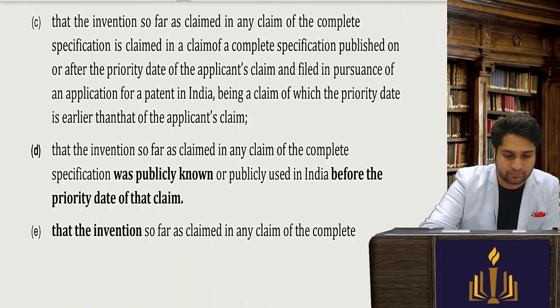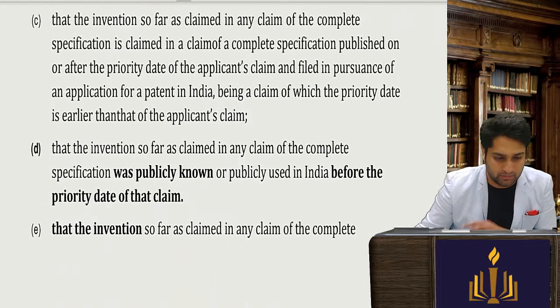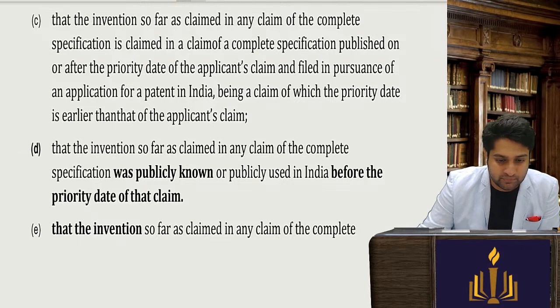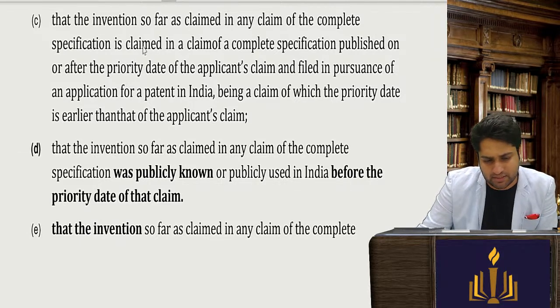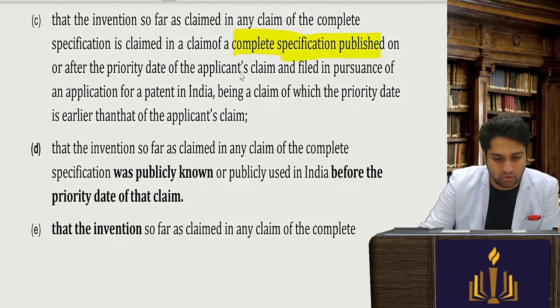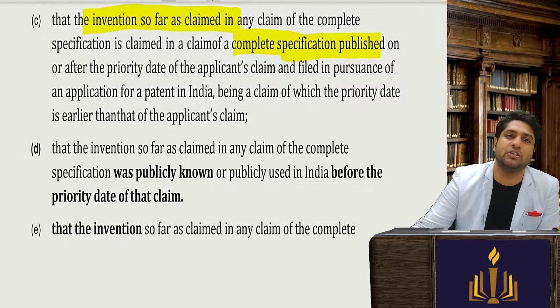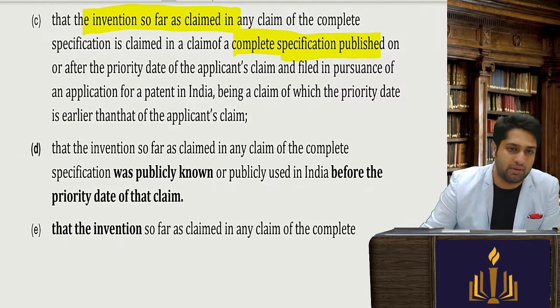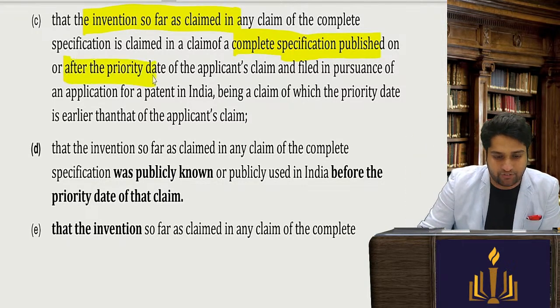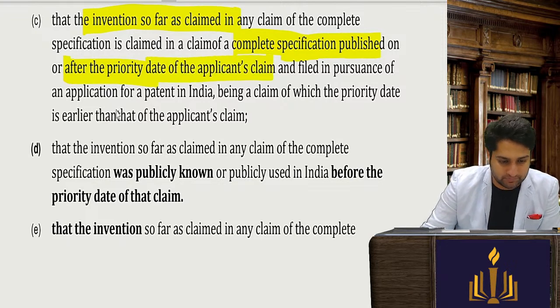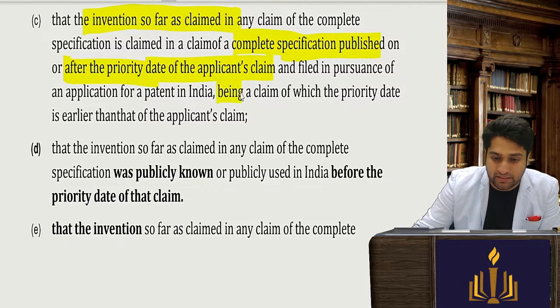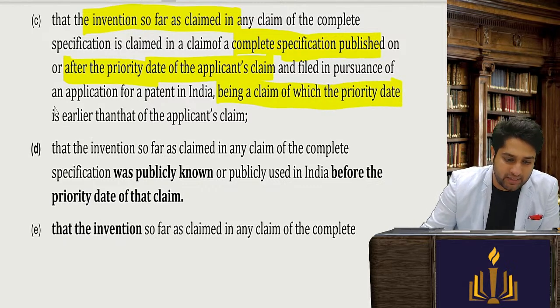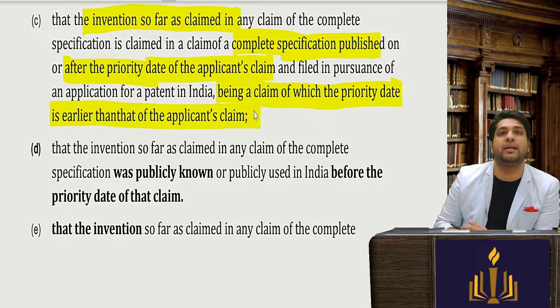Next, the invention so far claimed in any of the claims of a complete specification is claimed in a complete specification published after the priority date of this person, being a claim whose priority date is earlier than the applicant's priority date.